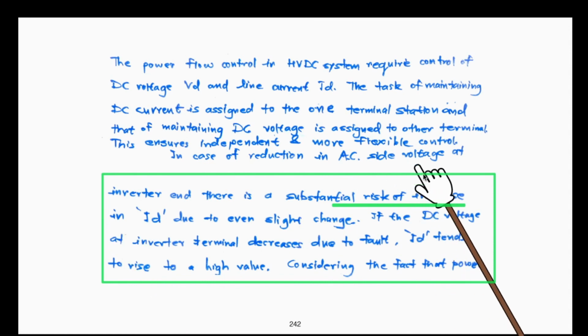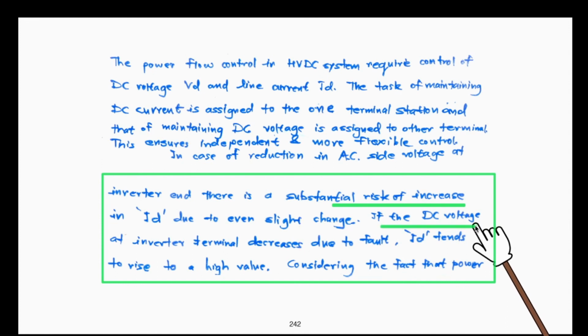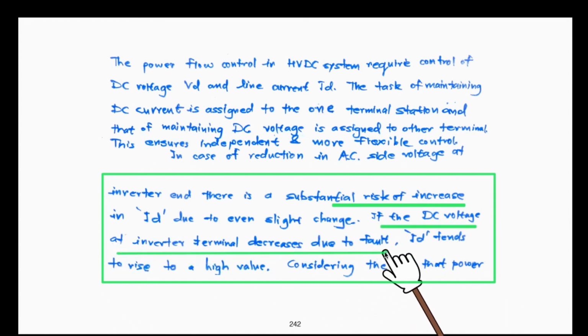This is because the denominator values in the DC current equation are very small, right? And that's why it is mentioned that if DC voltage at the inverter terminal decreases due to fault, then ID tends to rise to a very high value. अगर इन्वर्टर एंड का डीसी वोल्टेज सडनली कम होता है तो डीसी करंट काफी बढ़ जाएगा.